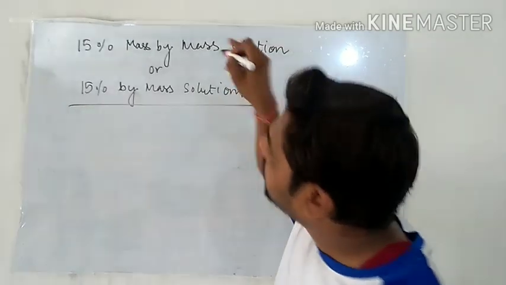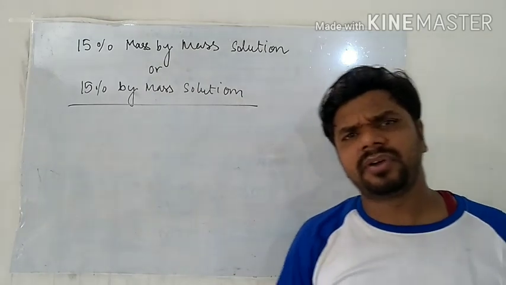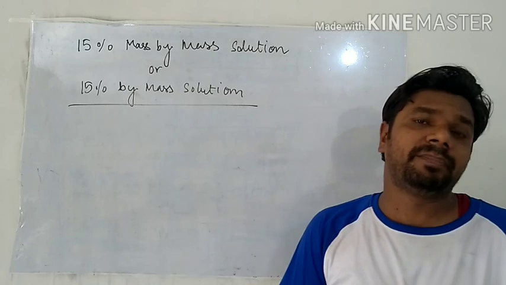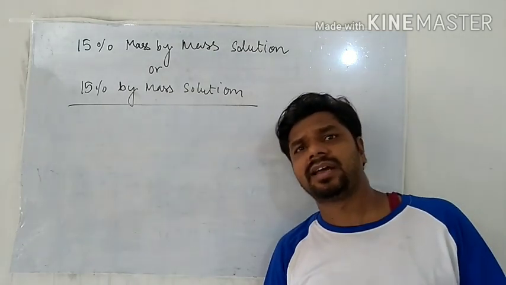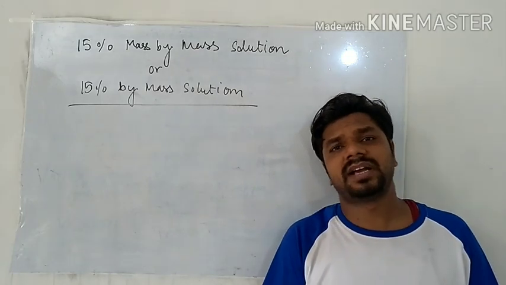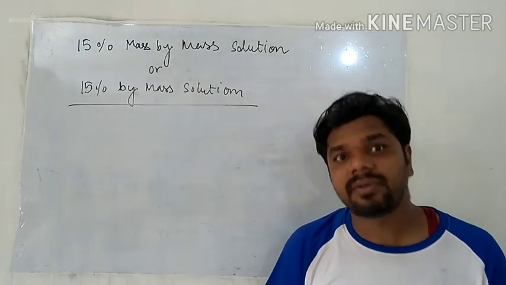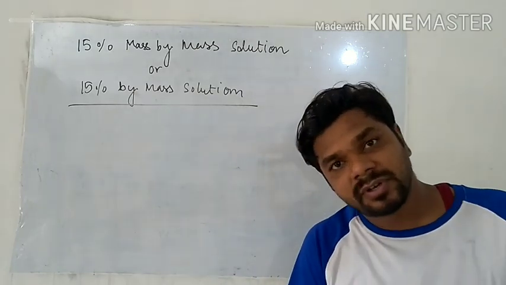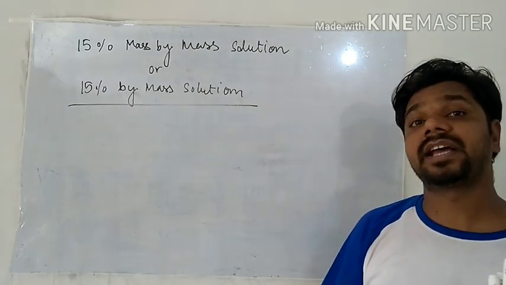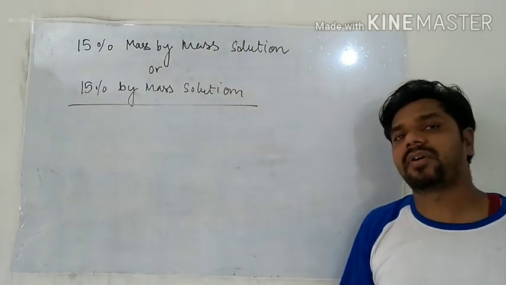Because in the question this language is given. They will not say this many grams of the solute is dissolved in this much amount of the solvent and you have to find out the percentage. Or they can say that the percentage is given, and you have to find out how much solute is present, how much solvent is present. Yes, you will have to find out this information, but this information will be used in the next part of the question. So please try to understand this language. This is a very, very important thing.